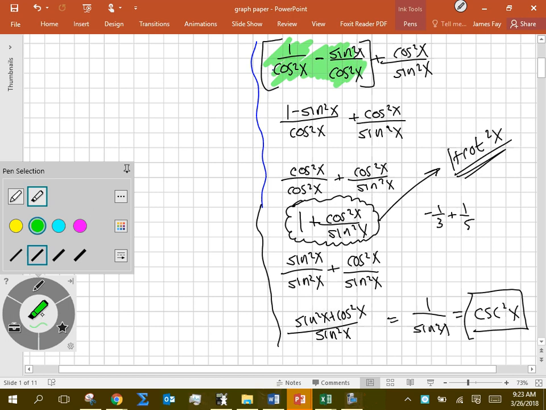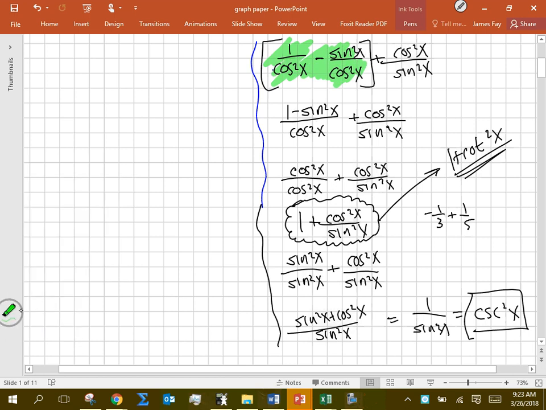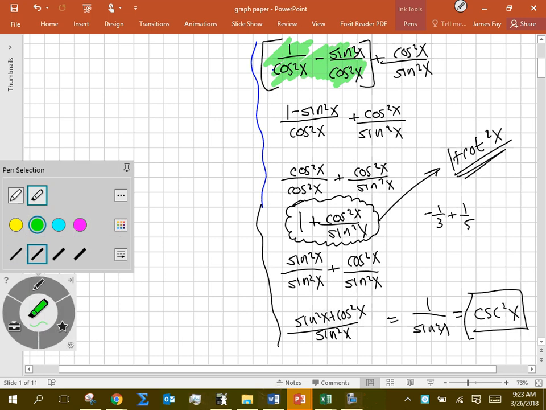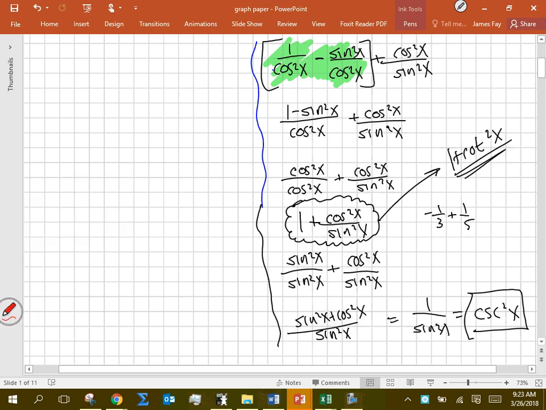Okay, combining those two initially. Okay, because if we don't combine those two initially, all right, so I'm going to start off with just 1 over cosine squared x. And then minus sine squared x over cosine squared x.